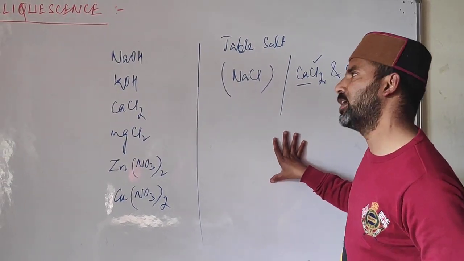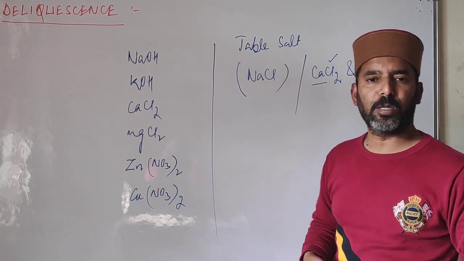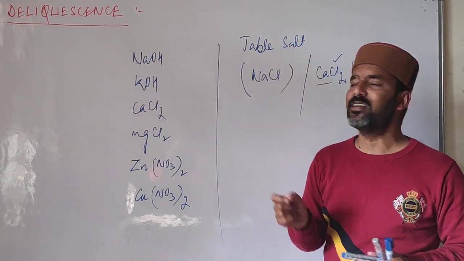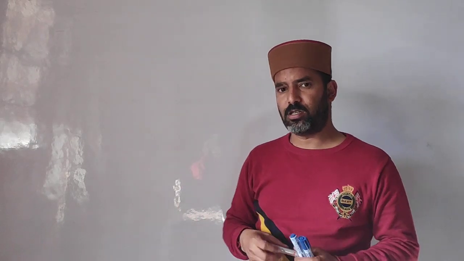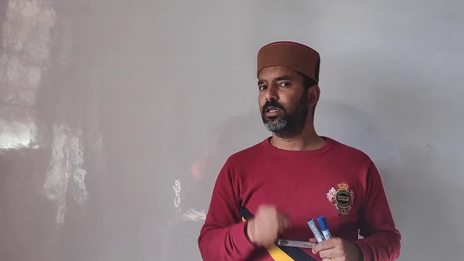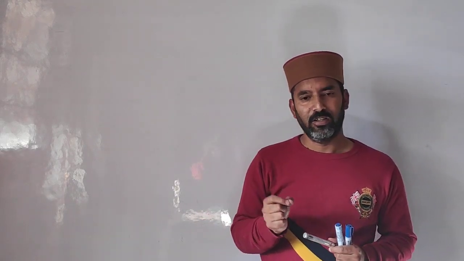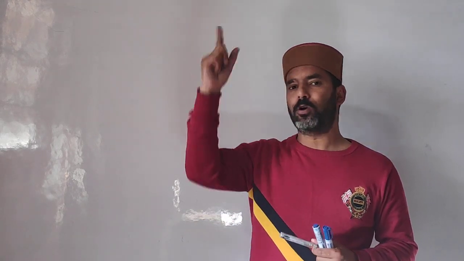Now students, the next type of substances are drying agents and dehydrating agents. Before we discuss what are drying agents and dehydrating agents, let me share a very important thing. When efflorescence occurs, salts lose water to the air.